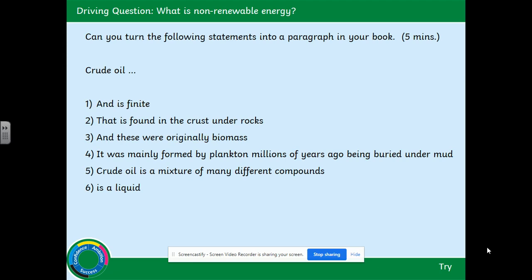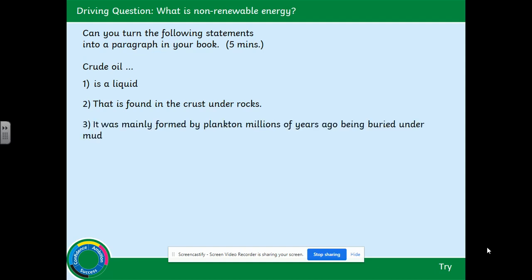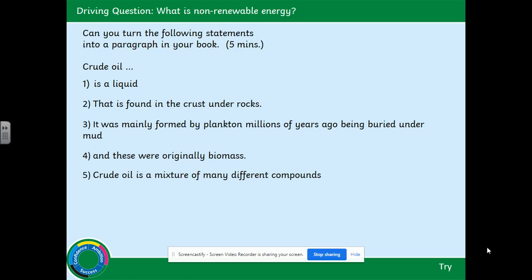All right, you should have: crude oil is a liquid that is found in the crust on the rocks. It was being formed by planktons millions of years ago being buried in the mud, and these were originally biomass. Crude oil is a mixture of many different compounds and is finite.